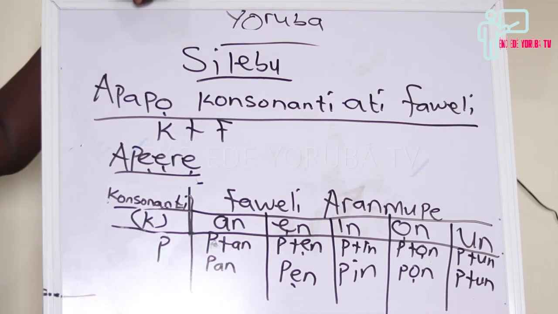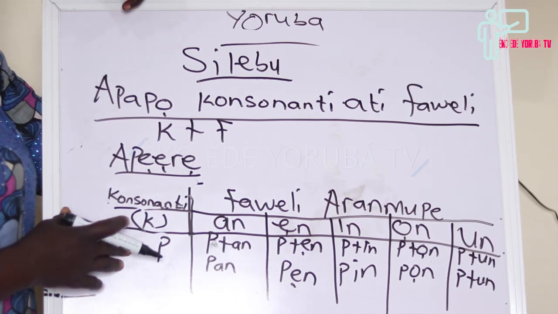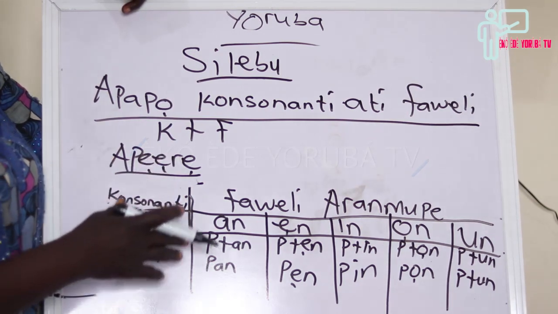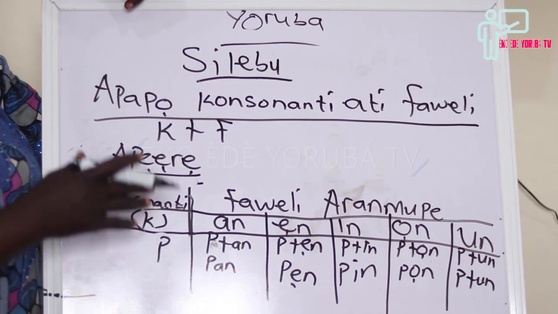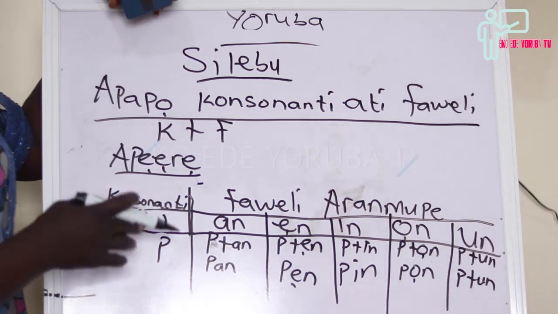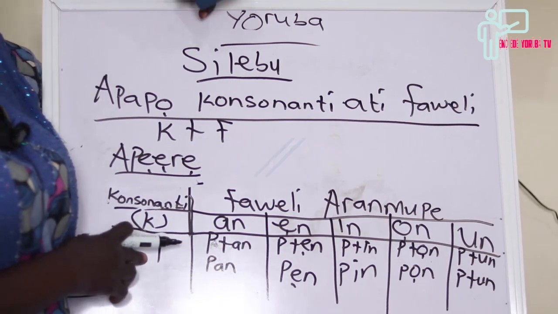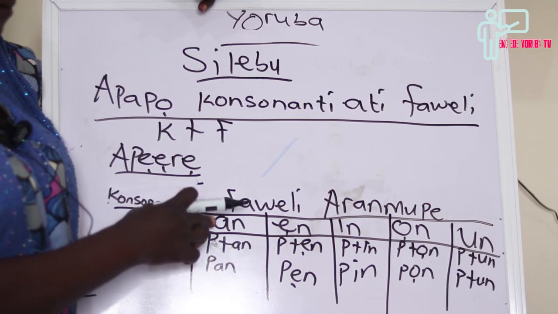There are some pronunciations that we do not have in Yoruba, but you will have them in English. For example, P, this is P in Yoruba.